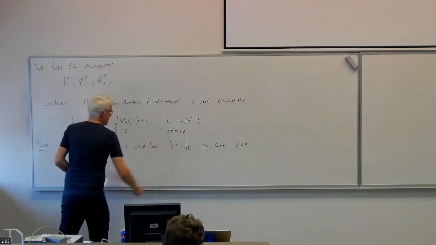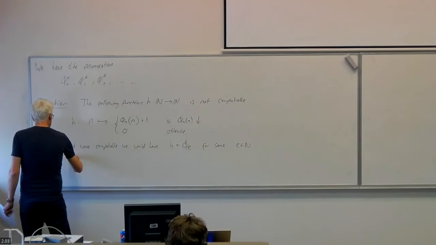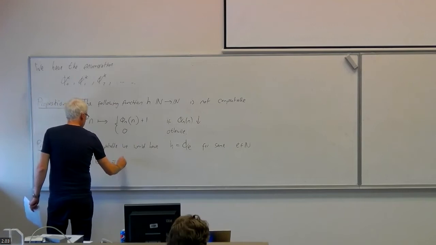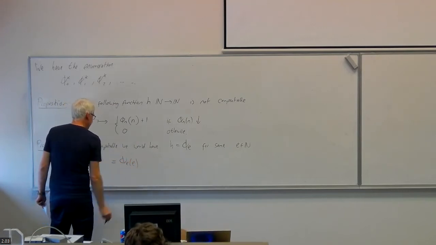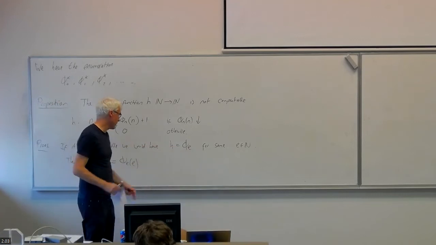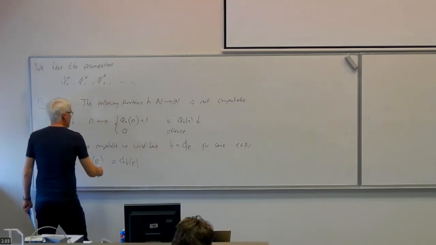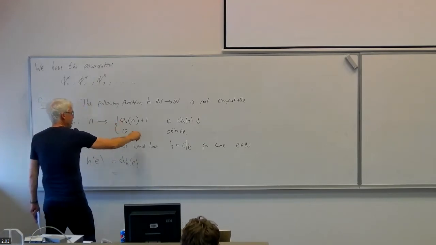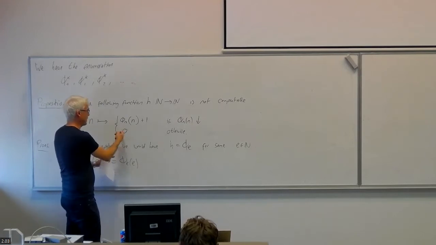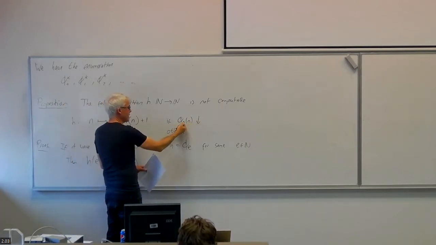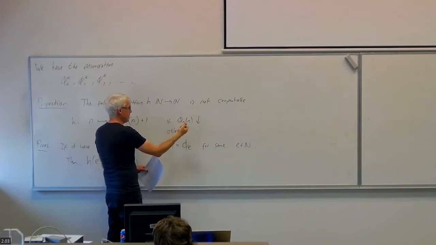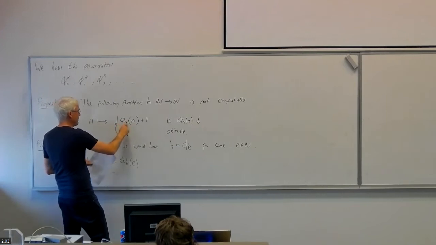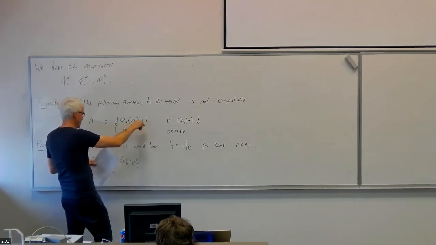But if h is phi sub e, we then have that h applied to e is phi sub e applied to e, because h is phi sub e by this equality. By the definition of h, we have to see if phi sub e of e is defined, but phi sub e is h, and that's a total function, so it's necessarily defined, and by this definition, h of e is then phi sub e of e plus 1.